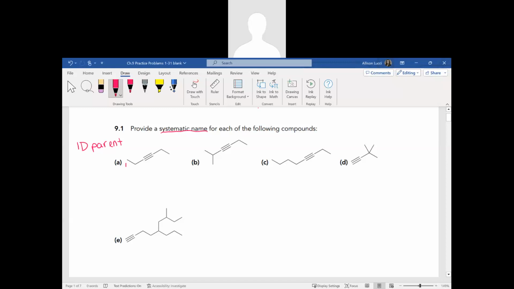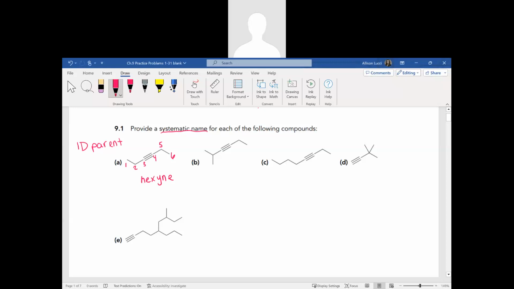We have 1, 2, 3, 4, 5, 6 carbons in our longest carbon chain, and we only have 1 carbon chain, so we know that it must contain our triple bond here. Also notice that there are no substituents. So we have identified our parent, and that would be a hexyne, because there's 6 carbons in this chain.